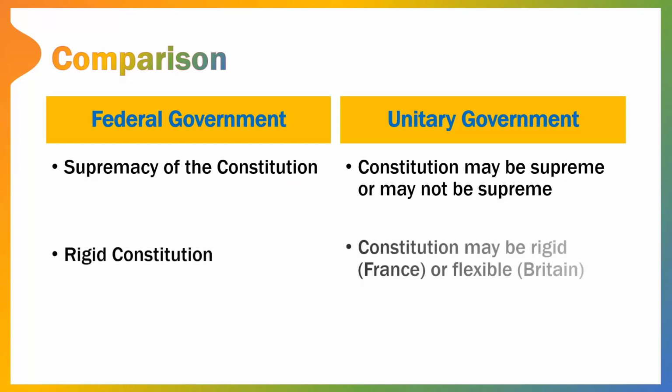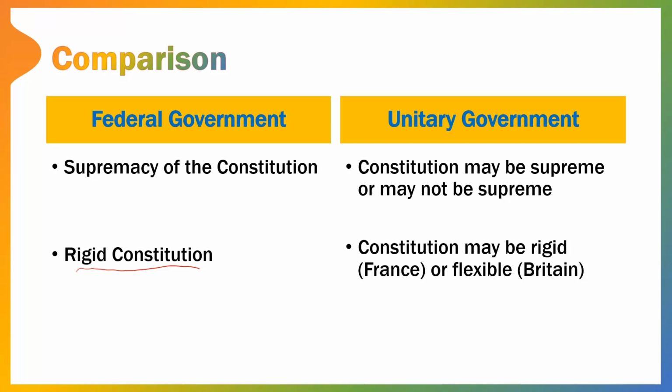The next difference is that in the federal government, there will be a rigid constitution. That means the constitution cannot be changed easily. It may be changed, but there will be a very harsh or very time-consuming process for doing that.